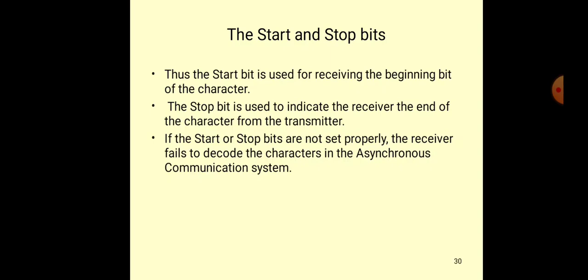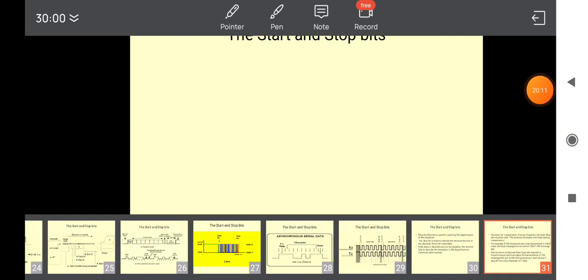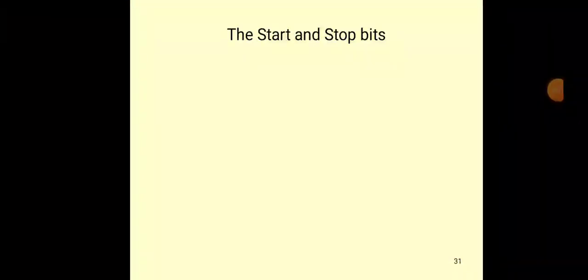But whenever you are going for asynchronous type of communication, it requires start and stop bits along with the information. Now we will discuss the topic that has been covered so far.